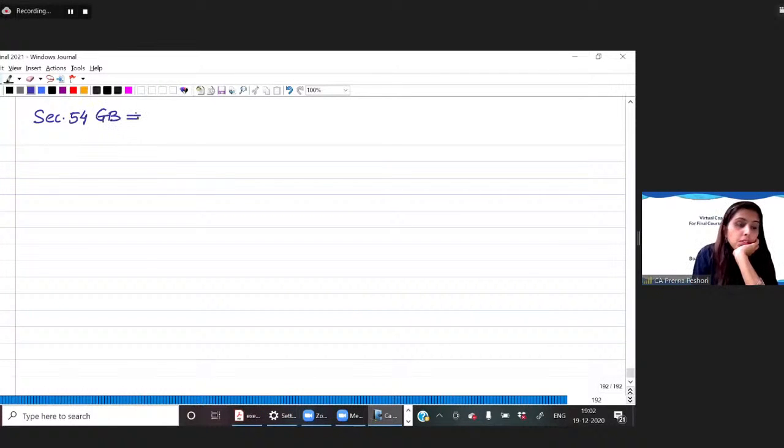54GB. It is only for individual or HUF. Now, what is this saying?